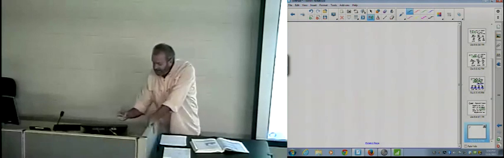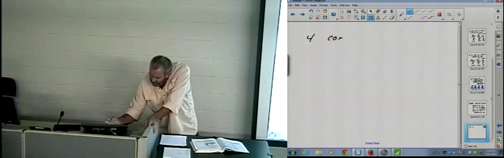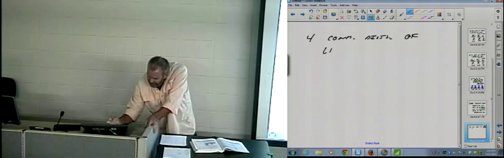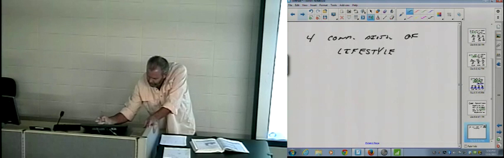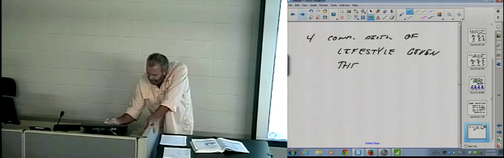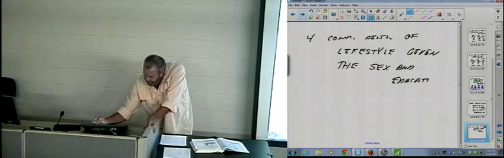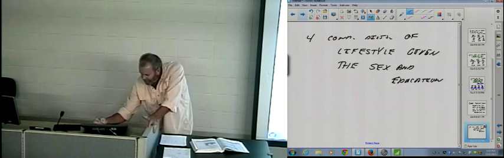I'm supposed to look at the 4 conditional distributions of lifestyle given the sex and education values.